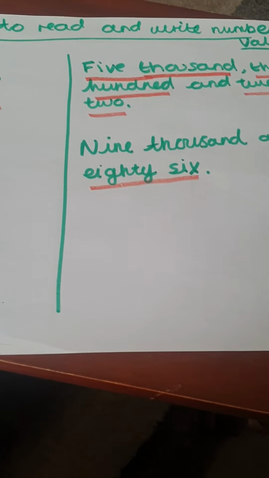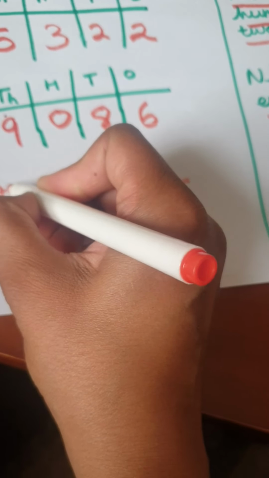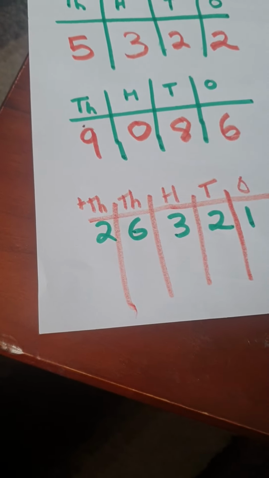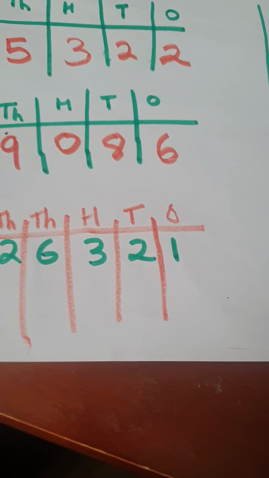And I'm going to go and do ones, tens, hundreds, thousands. Oh, I have an extra digit. So I'm going to call this my 10,000s. That's my 10,000s column. So let's have a look.